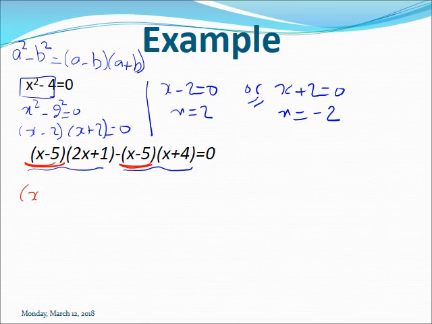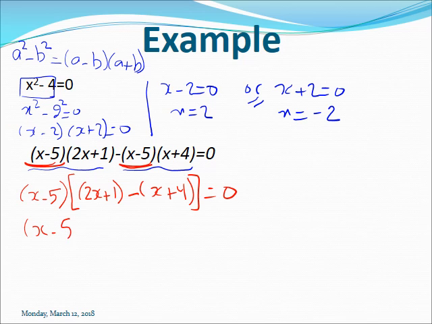So (x minus 5)[(2x plus 1) minus (x minus 4)] equals 0.